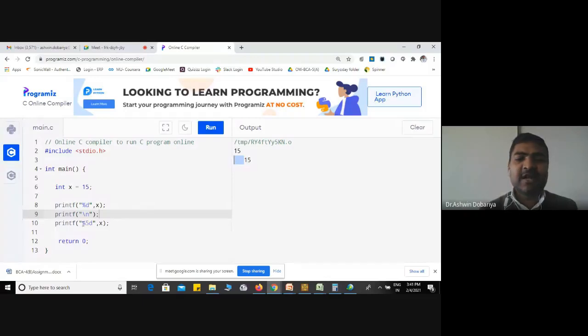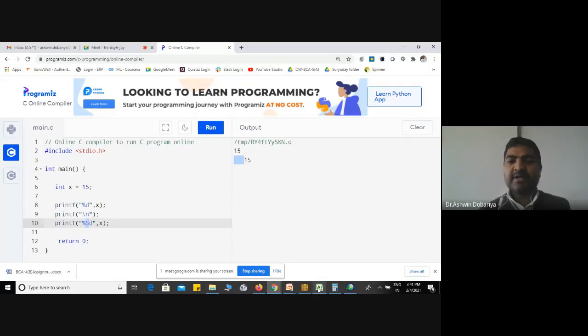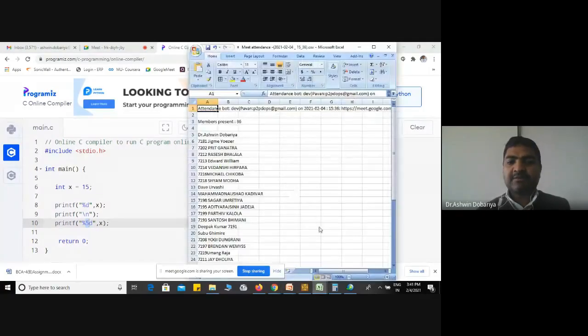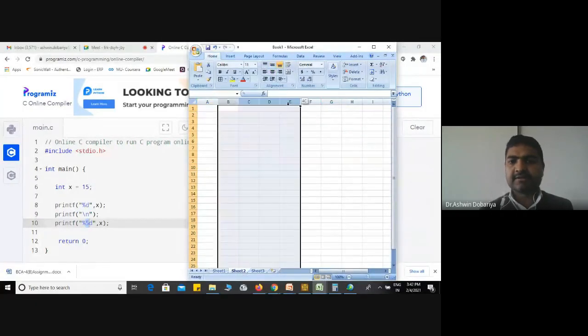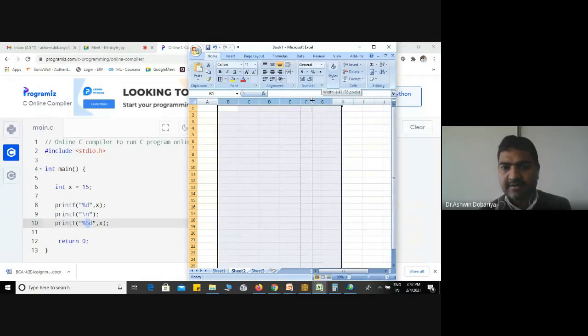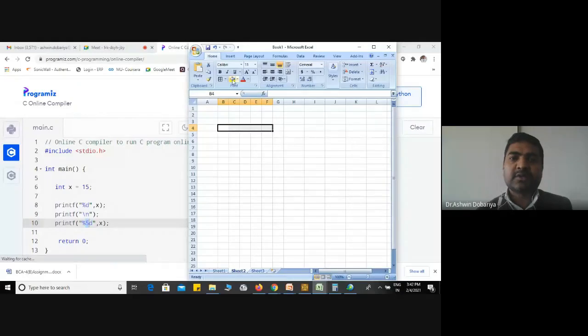No. Now see, how much width have I given? 5, right? So what will the compiler do? Compiler will take total width as 5. Now let's change this format, then you can understand. Like this. See, 1, 2, 3, 4, and 5. So total width is 5.